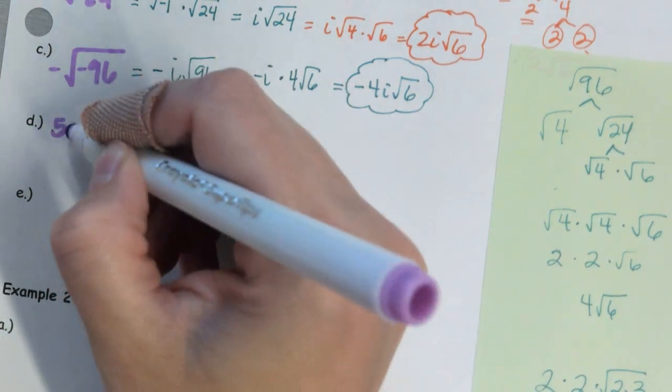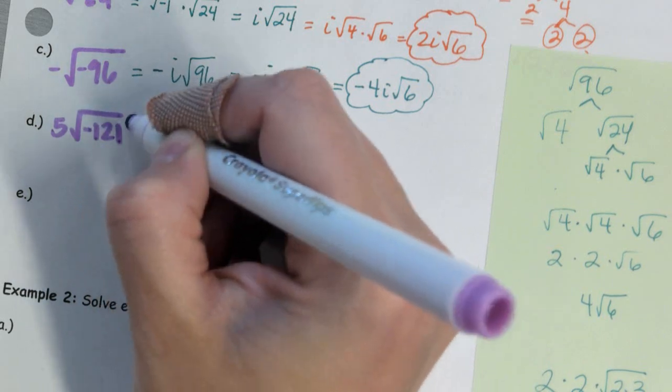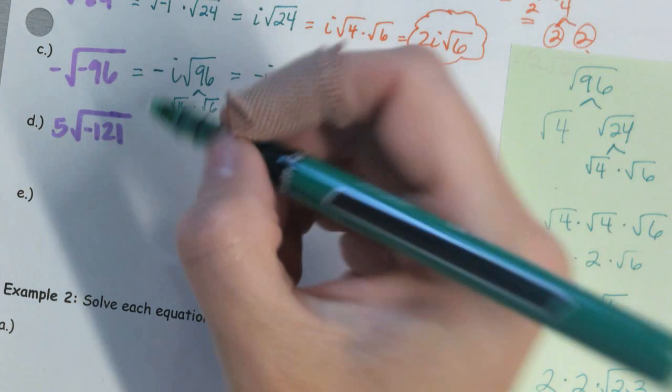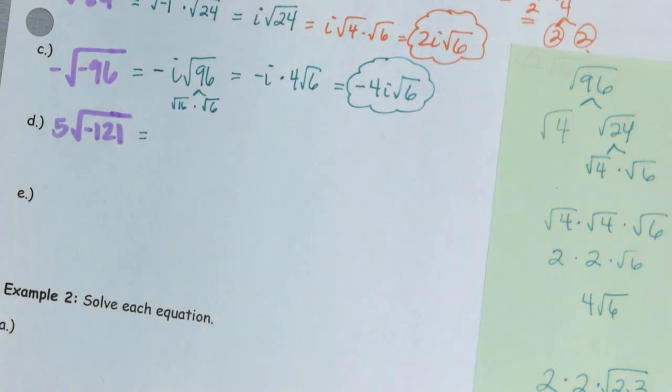So I have 5 square root of negative 121. And if that 5 in front is confusing you, just ignore it.